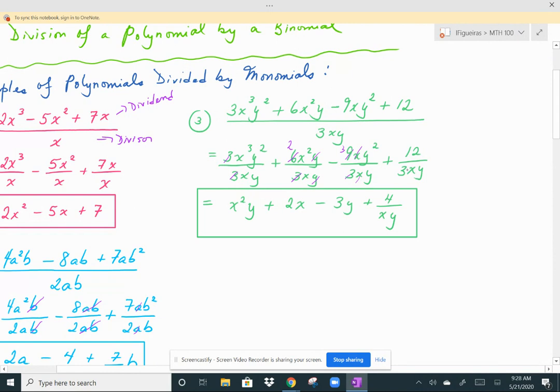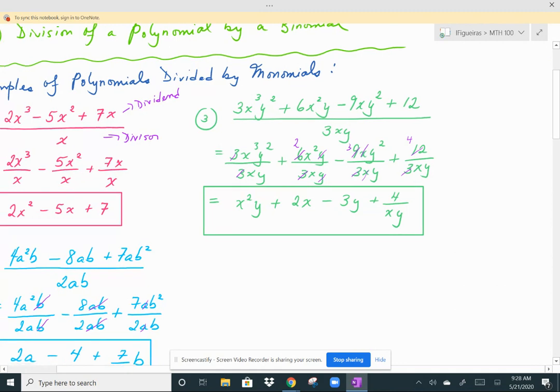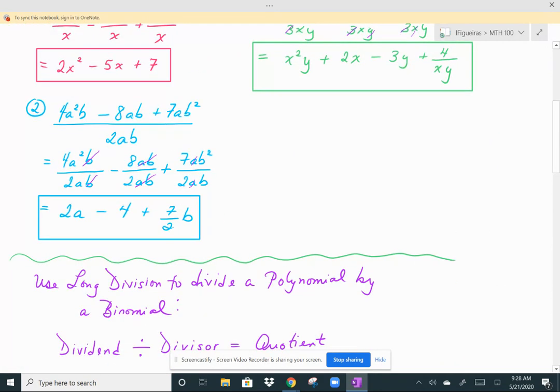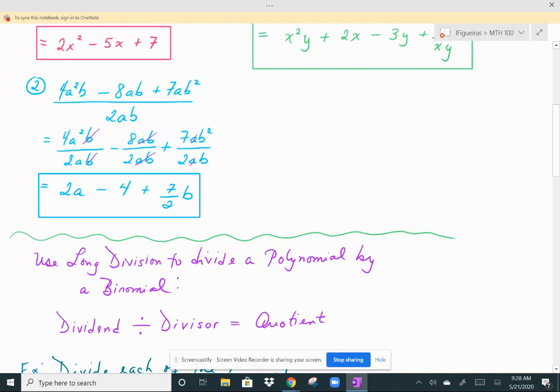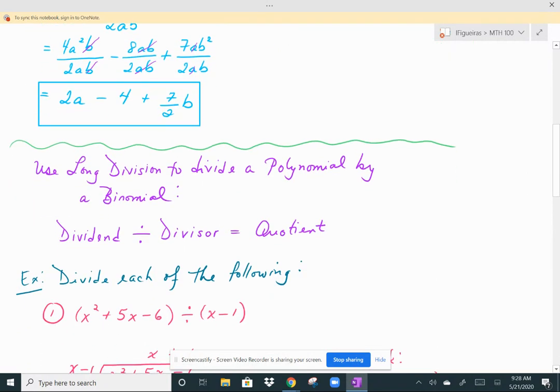And then the last term, 12 divided by 3, 3 goes into 12 4 times. The x and the y in the denominator do not simplify or cancel with anything, so your last term is 4 over xy.